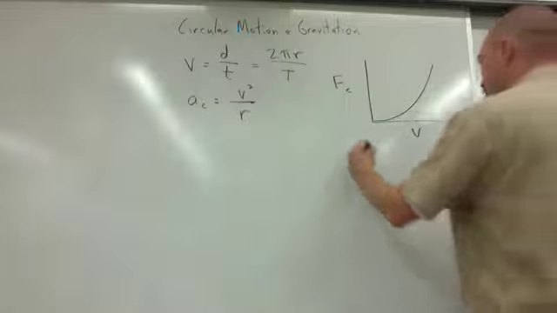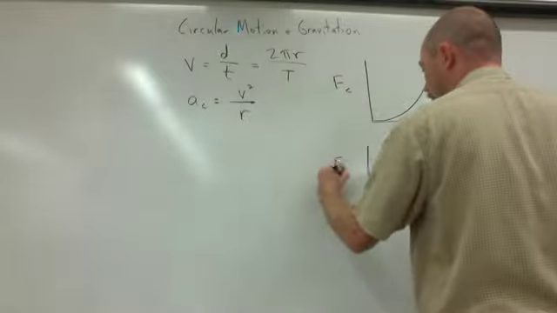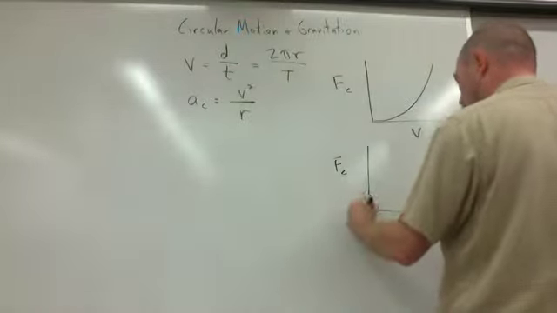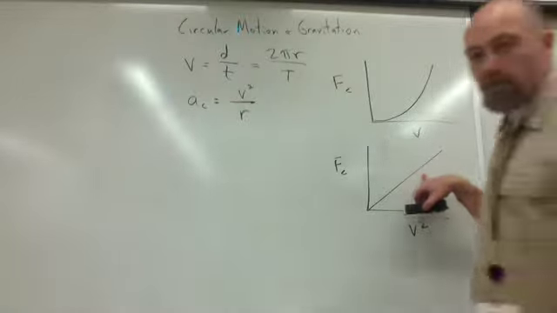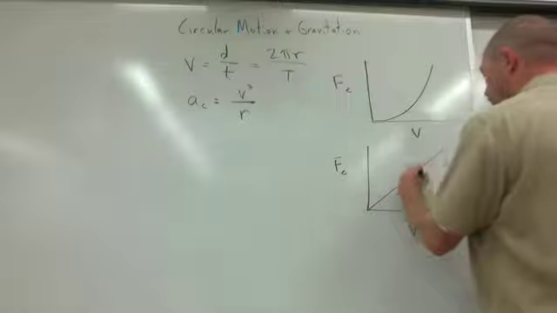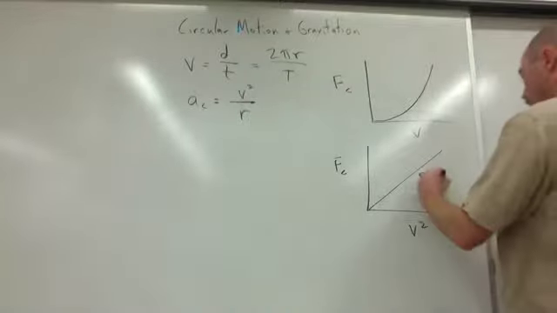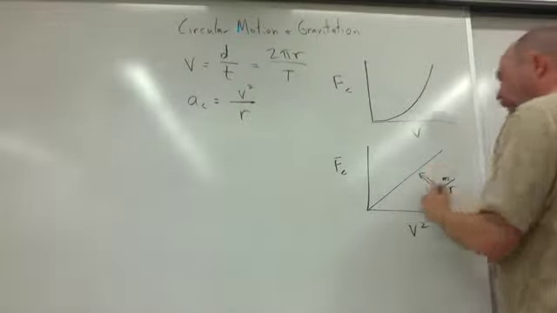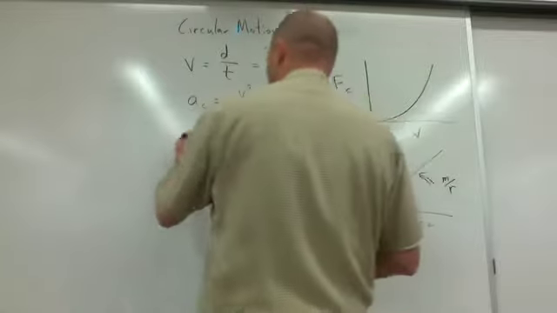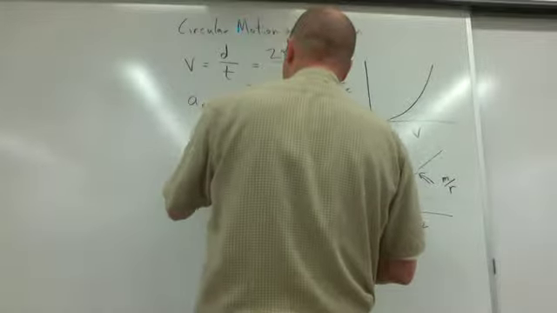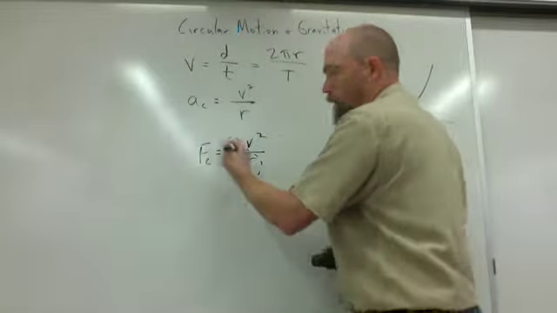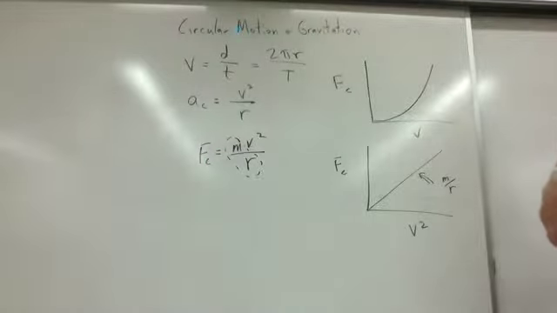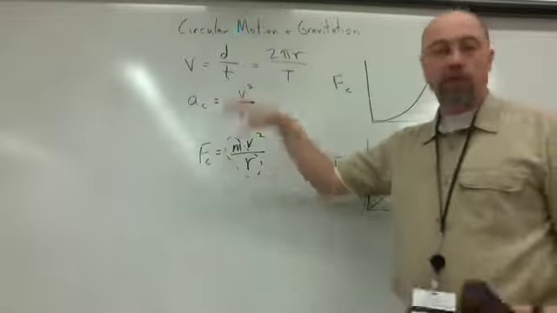Well, that means that centripetal force versus v squared would be a linear relationship, and the slope of this would have been equal to, I don't know if you remember from the stopper lab, m divided by r. So that means my equation is Fc equals mv squared over r, where that was the slope we're talking about. A lot of times we did Fc equals mv squared over r.